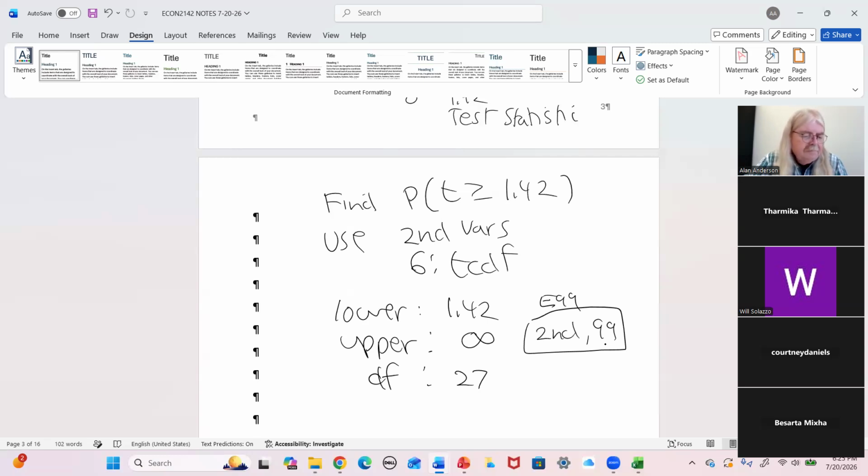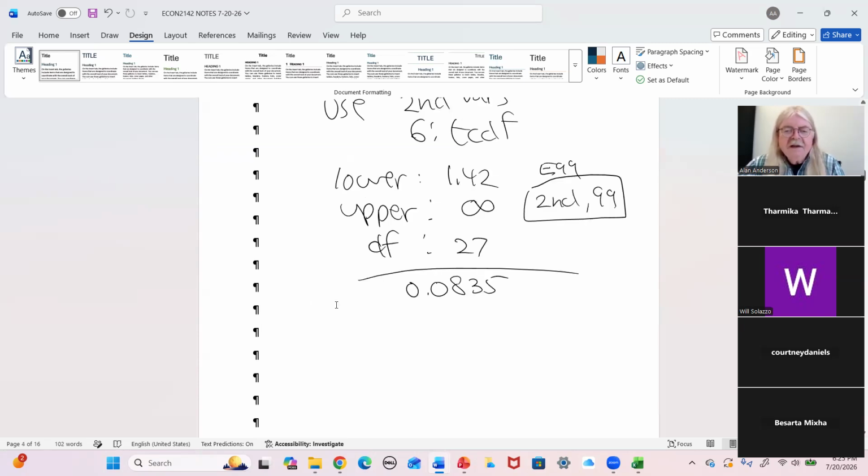And we get 0.0835. So remembering that the alpha is 0.05, that of course means do not reject the null.